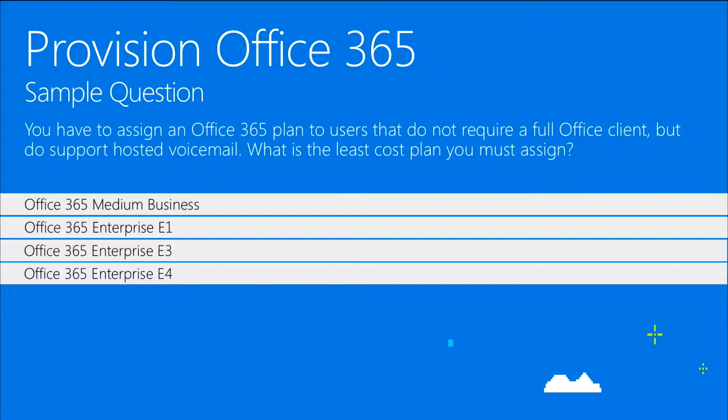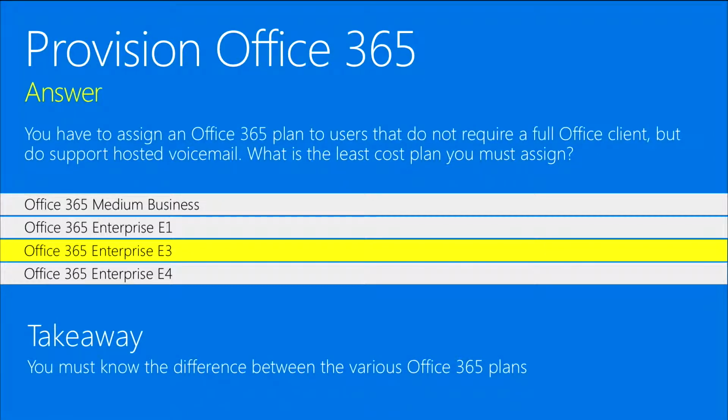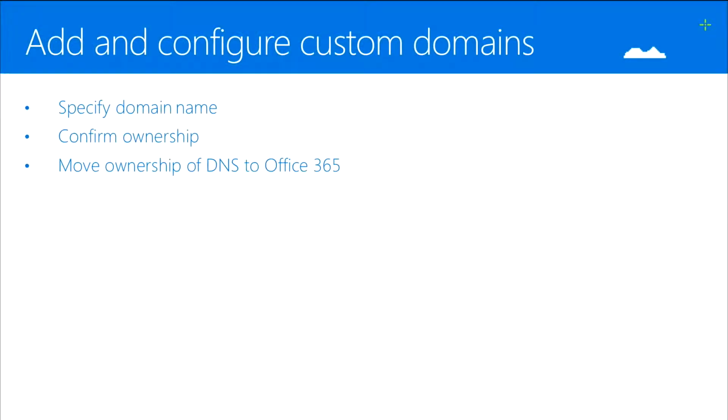Hosted voicemail, of course, is where the client wants Skype for Business, and they want to host their own voicemail on premises, or they want to purchase this through an E4 plan. And of course, in this case, the only two plans that support this are the E3 and E4. So E3 is the minimum one that you would need here. Okay, so you must know the difference between the Office 365 plans, yes. And again, the service guides are great for this.